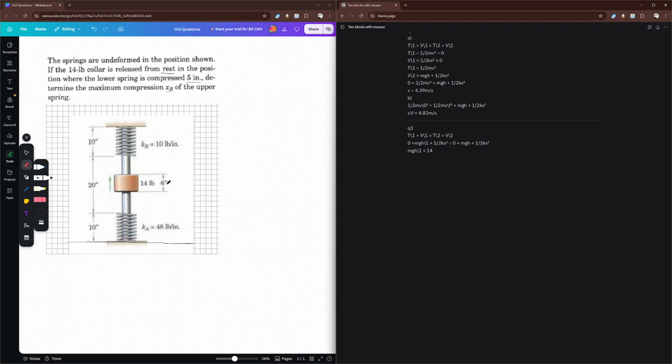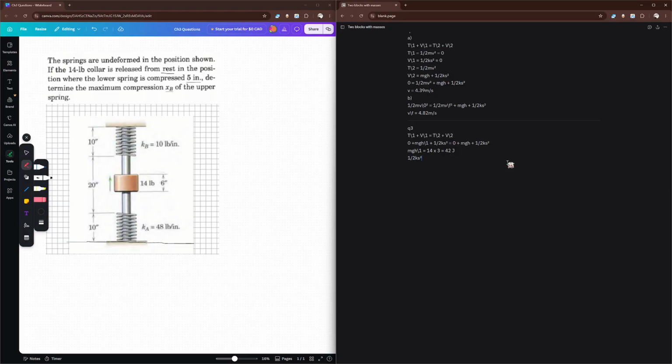So that gives us a total height of 3 inches, times 3. So that's just equal to 14 times 3, which is 42 joules.